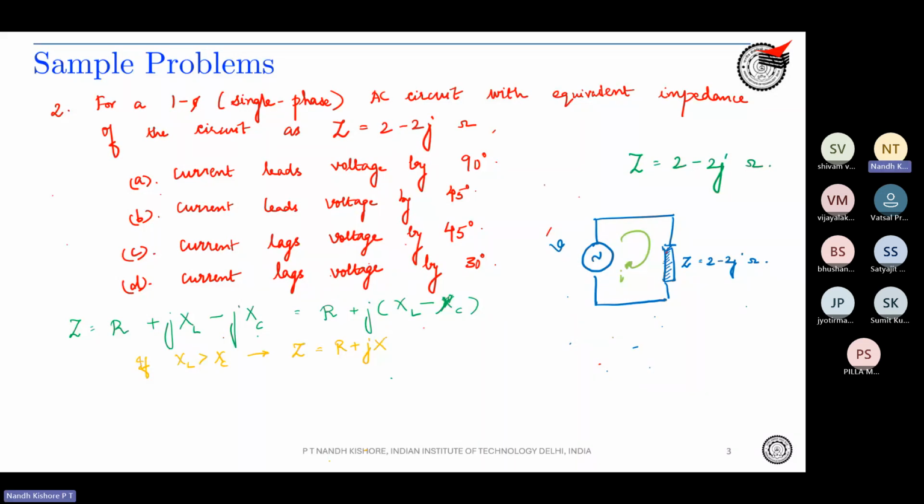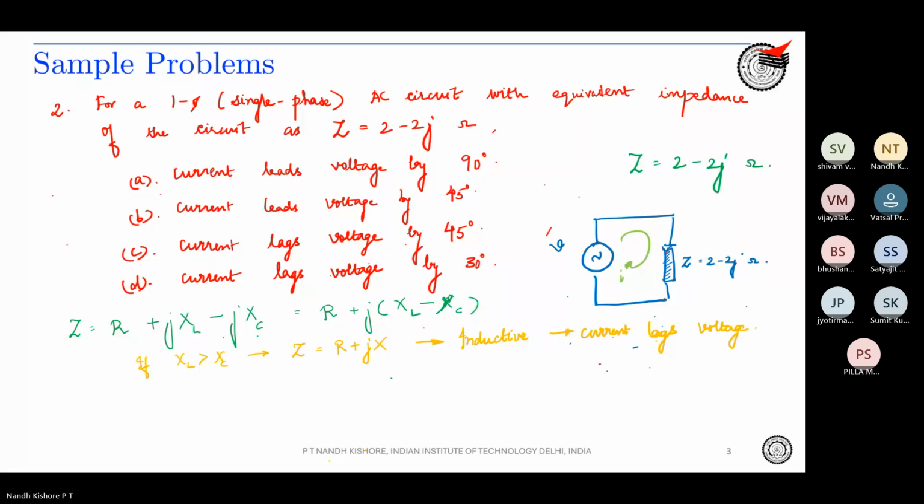If Z is equal to R plus jX, since X is positive, you see that your inductive impedance is dominating. So the circuit can be said to be inductive. If a circuit is inductive, you would know that current lags voltage.